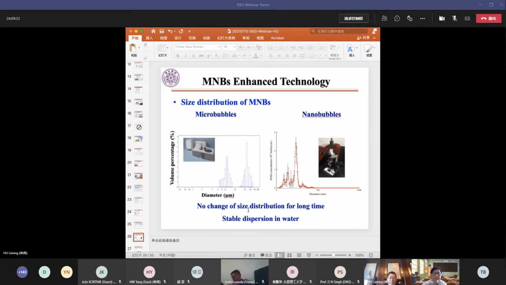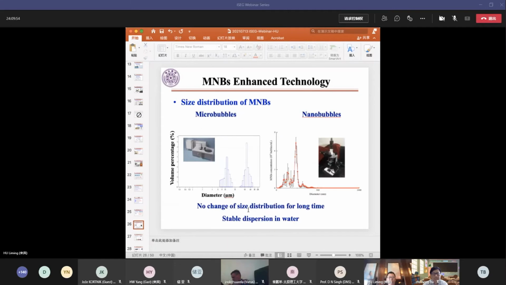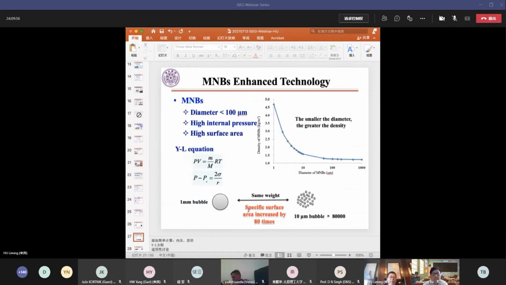So it has a stable dispersion in water. Why is that? It's because the surface of the bubble has a negative charge, so it can keep the stable dispersion.